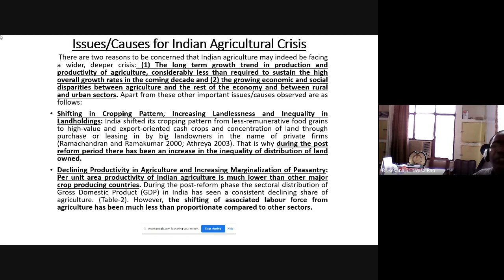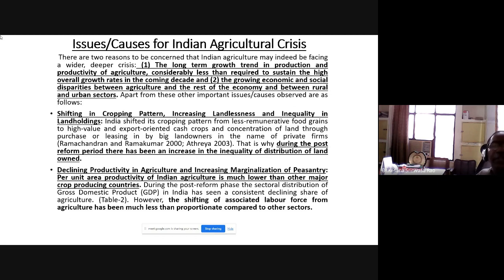The long-term growth trend in production and productivity of agriculture is considerably less than required to sustain the high overall growth rates in the coming decade. Secondly, the growing economic and social disparities between agriculture and the rest of the economy and between rural and urban sectors.